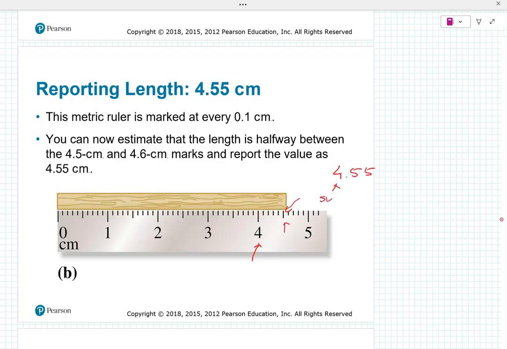Yep. The second number, guaranteed? And the last one? No. So, can we go further? I mean, we can. We won't be able to see it with the naked eye, but technically we can. Okay?